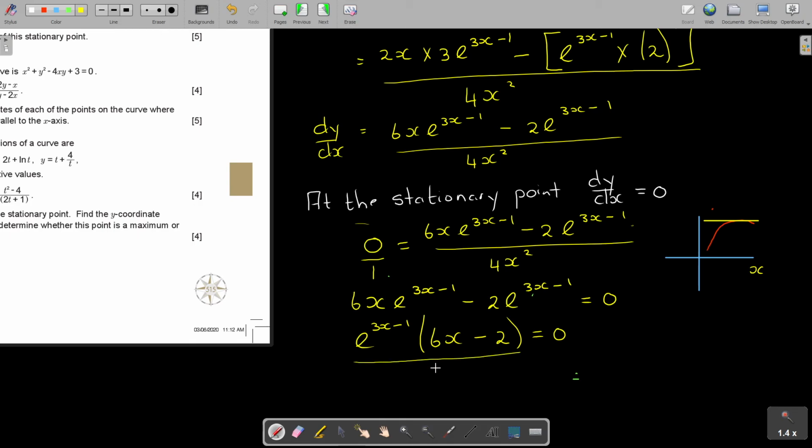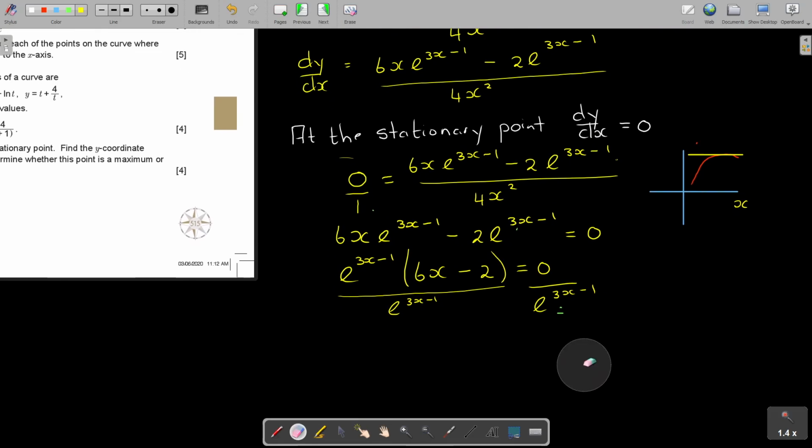Doesn't matter. So I divide by e^(3x minus 1). Okay, what happens now? I'm ending up with 6x minus 2 is equal to 0. So 6x equals 2. So therefore, x equals 2 over 6, which is 1 over 3.